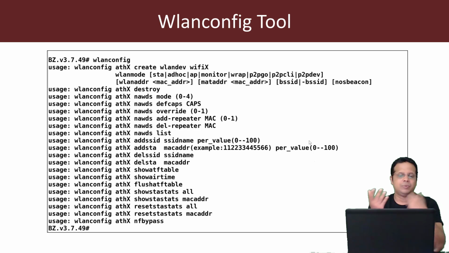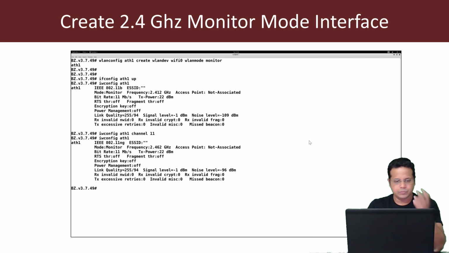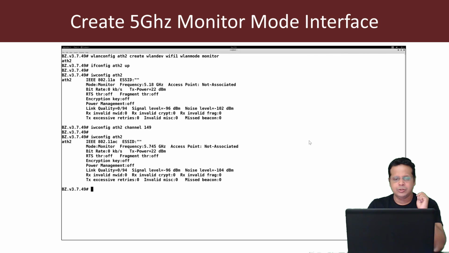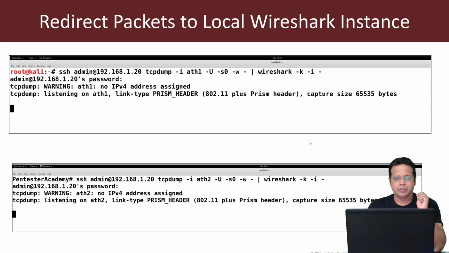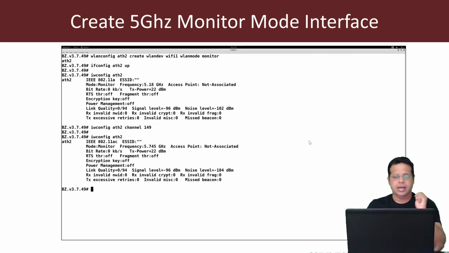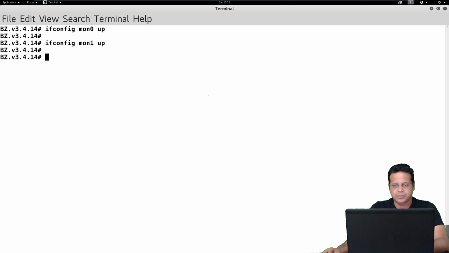For our purposes, all I needed was destroy and create. That is available across all the devices from Ubiquiti. So we've created the 2.4 and the 5 gigahertz monitor mode interfaces. And now let's actually go ahead and look at traffic from these interfaces.